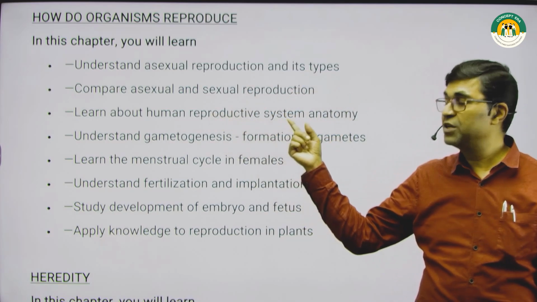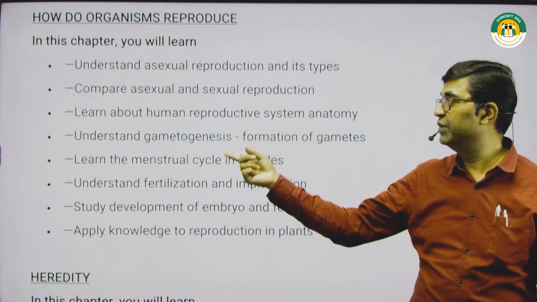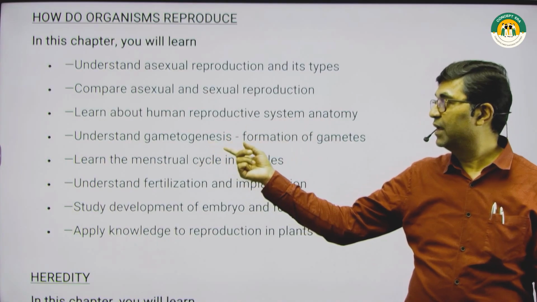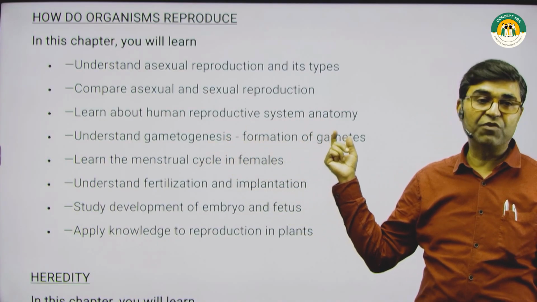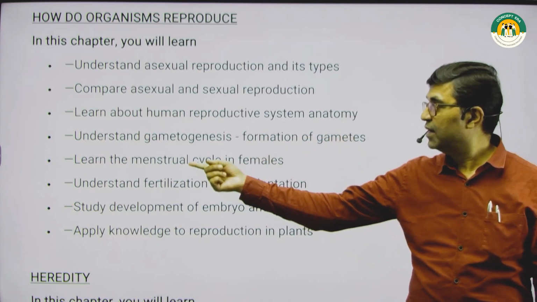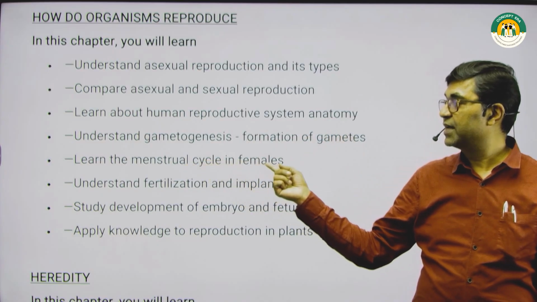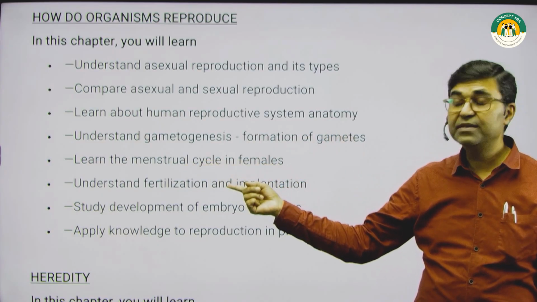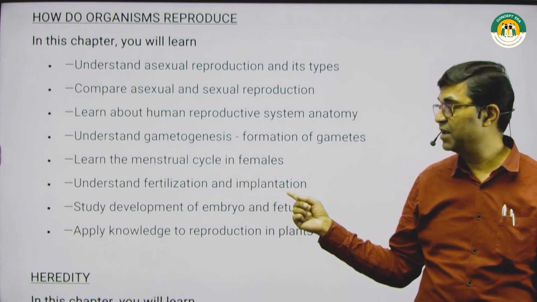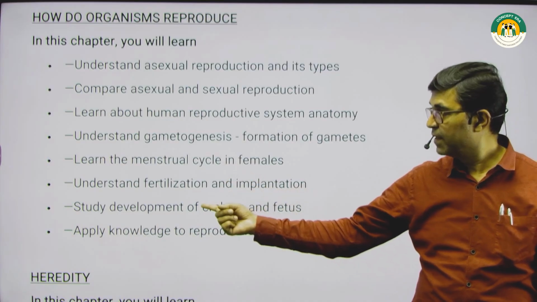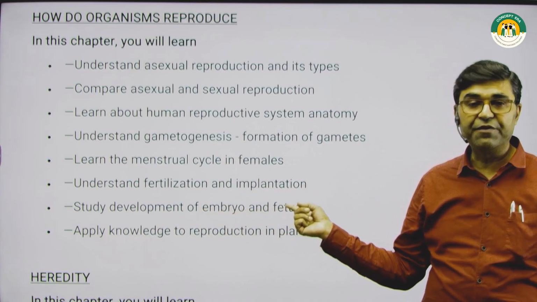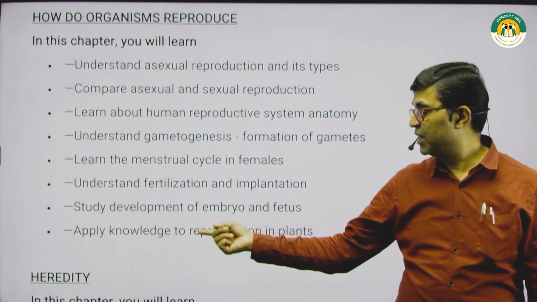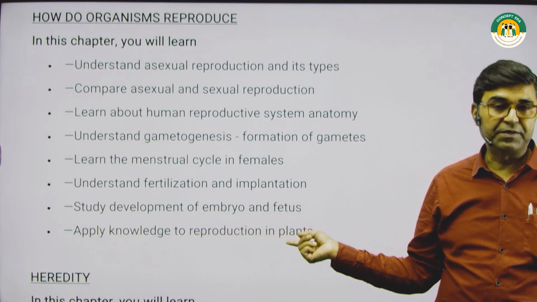Learn about human reproductive systems, the male and the female. Understand gametogenesis, that is the formation of gametes. Learn the menstrual cycle in females and understand the fertilization and implantation, development of embryo and fetus, and apply the knowledge of reproduction in plants.